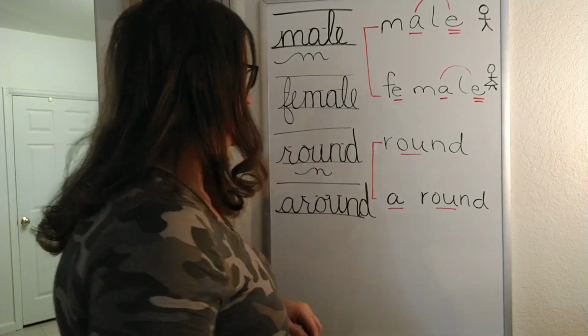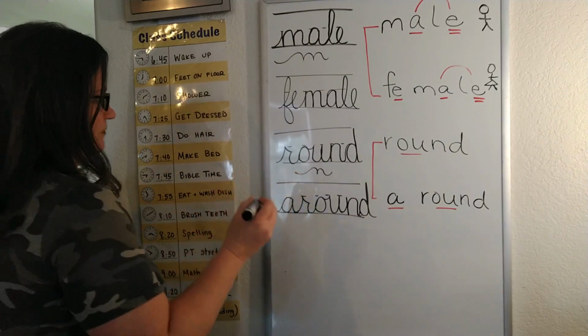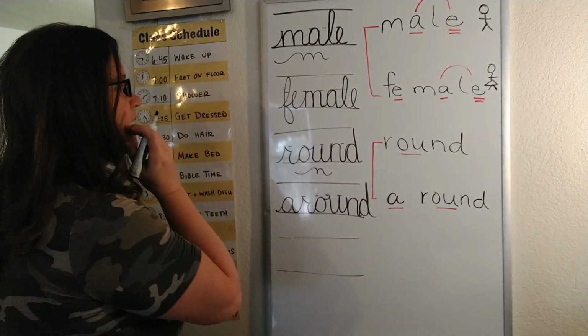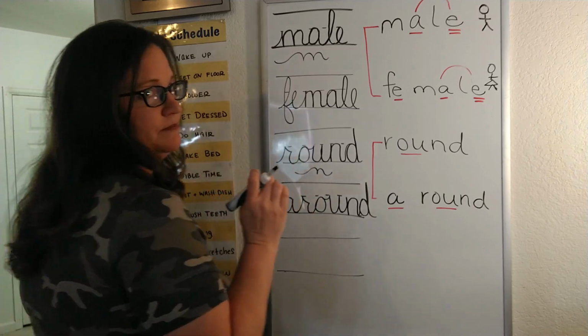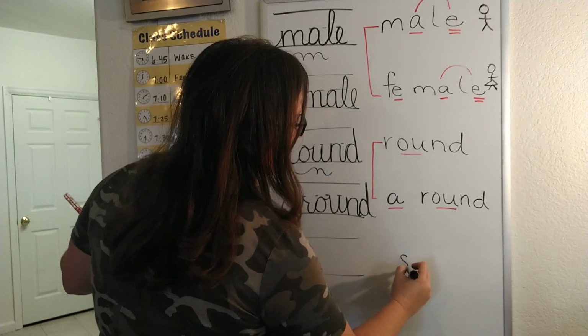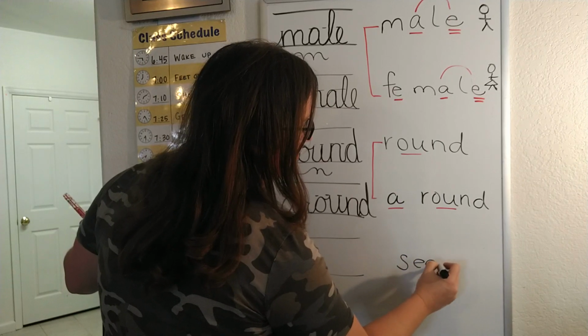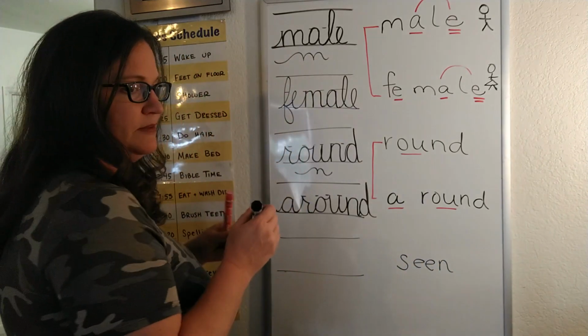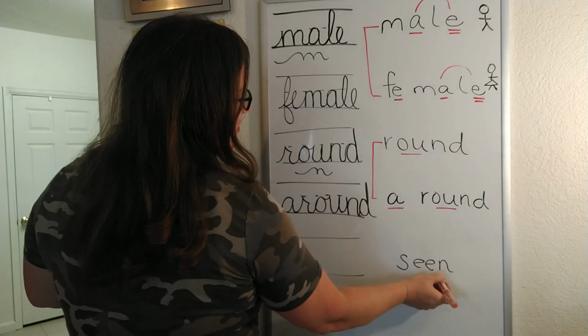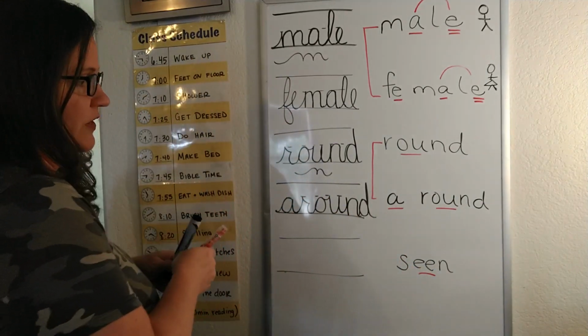Say it as you write it. As you sound it out. S-E-N. Please don't say the letter names. We're doing the sounds. Ready? Sound it out. S-E-N. What red markings? Underline E. Underline E, double E. Always says E.